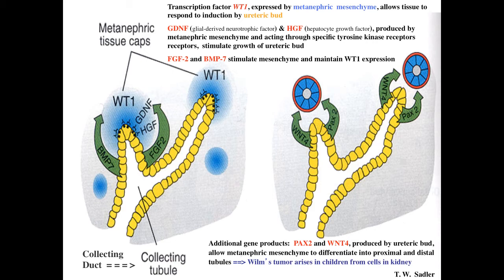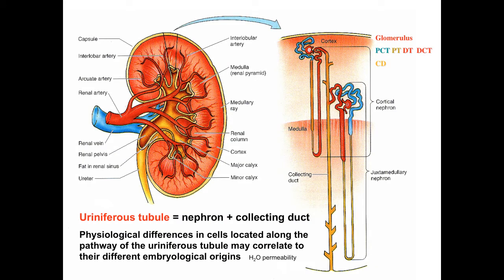So you may see something about these transcription factors in your reading later in your clinical training. As we've said, the uriniferous tubule consists of the collecting duct and the nephron, and the physiologic differences in the cells located along the pathway of the uriniferous tubule may very well correlate to their different embryologic origins.